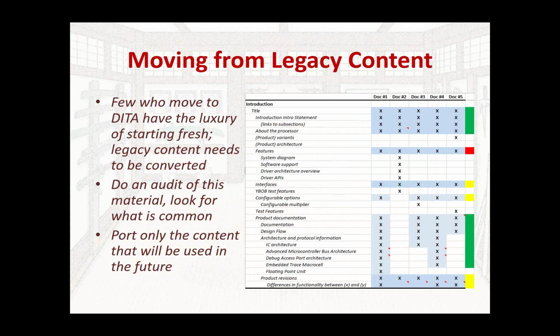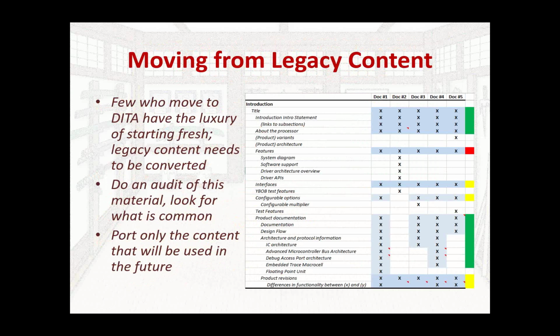In many cases you're moving from legacy content, and few who move to DITA have the luxury of starting fresh. Legacy content needs to be converted. So what to do is an audit of the existing material, look for what's common, and then only port the content that we'll use in the future.